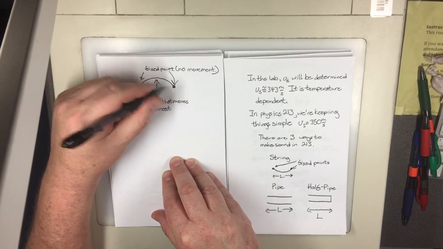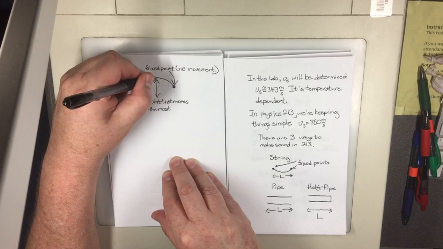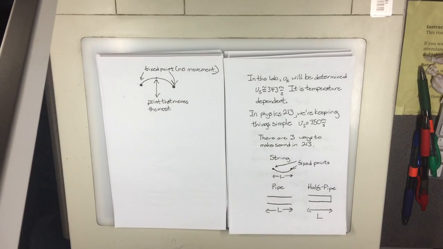Those 2 points move the least. This point here moves the most, and then all the other points move lesser and lesser.